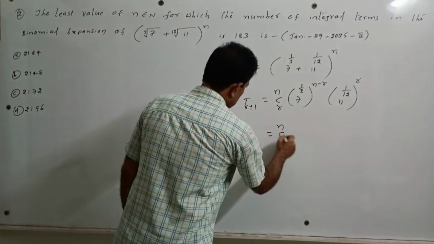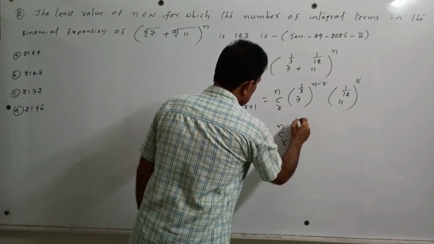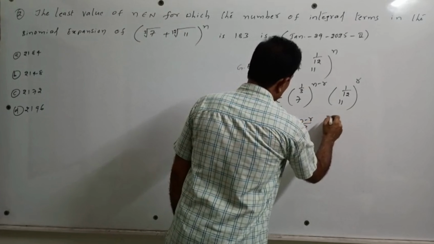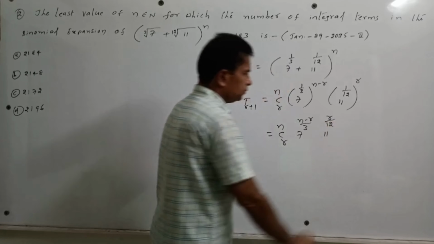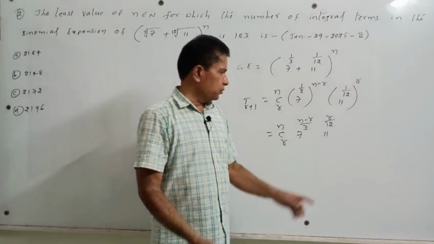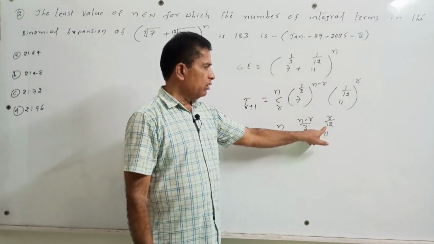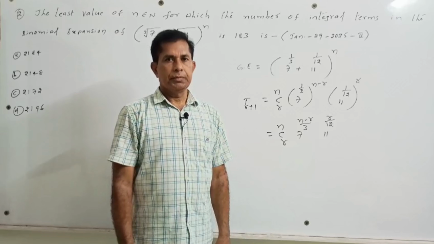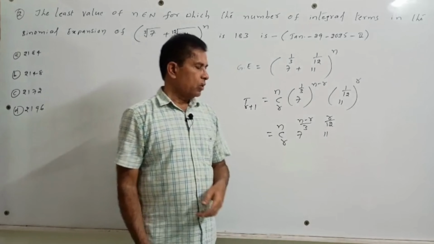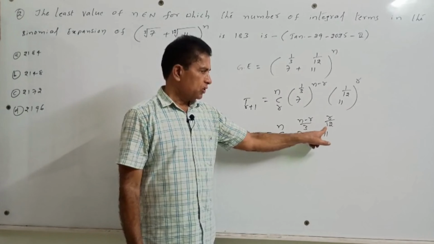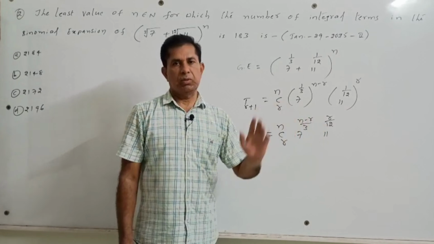Further, this can be written as nCr 7 to the power of (n minus r) by 3, 11 to the power of r by 12. For this term to be an integral term, the 12th root should be eliminated, and the cube root also must be eliminated. So we have to give values for r in such a way that the 12th root and the cube root are eliminated.